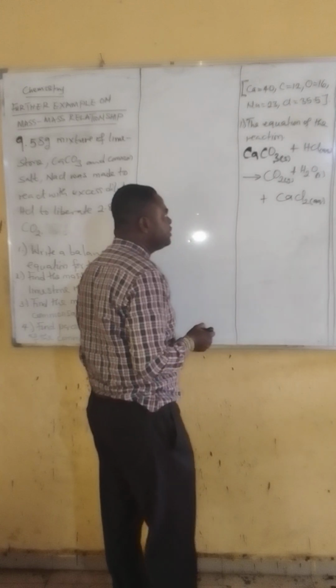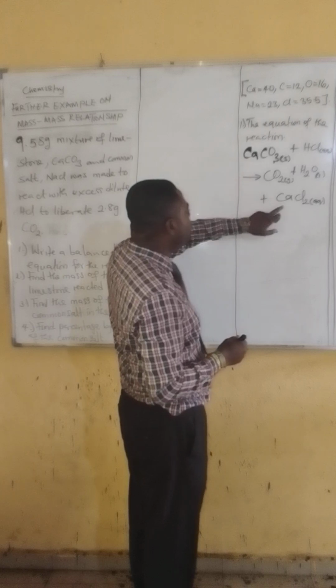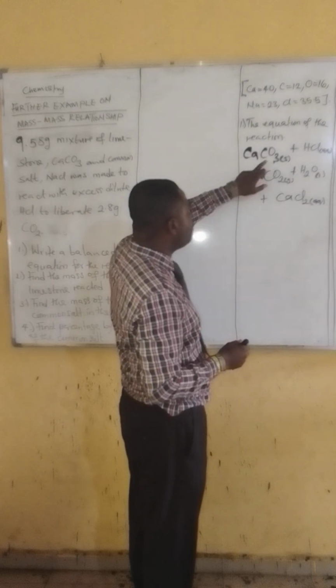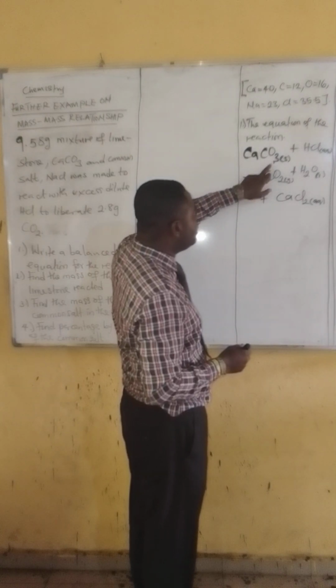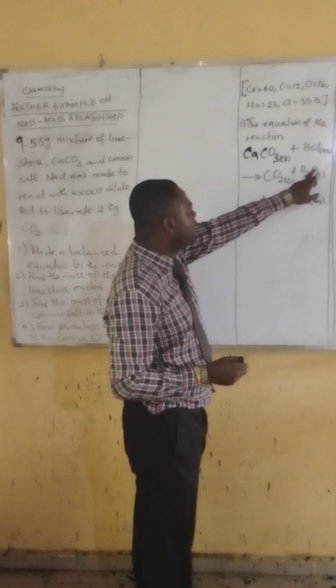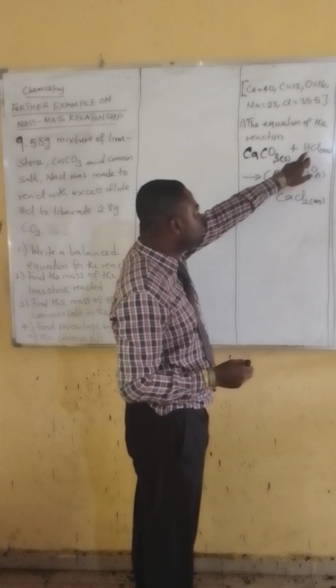Is the equation balanced? Let's check. We have 1 atom of calcium here, calcium is balanced. 1 atom of carbon. Oxygen is 3 here, and at the other side we have 1 plus 2, that's 3. But hydrogen is 2 there and 1 here.